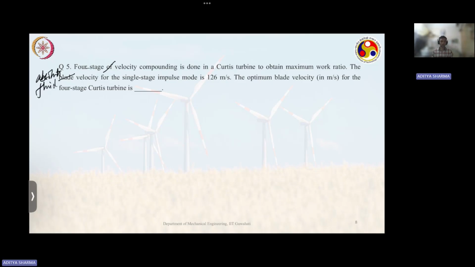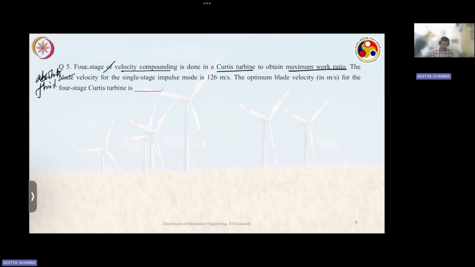The question is like this. It's a four-stage velocity compounding. We have seen this in previous week's content, but we have one question based on this. Velocity compounding we also call Curtis turbine. And we want maximum work ratio.